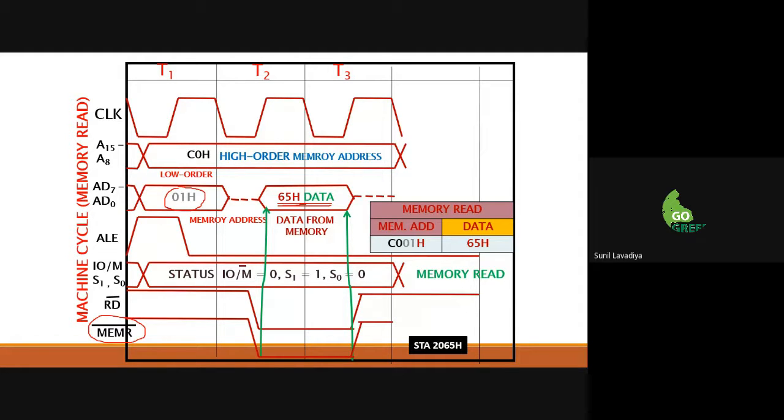Reading from memory. Because we have to identify the address from which we have to transfer data. So in short, we are reading memory, right? That's why we have considered MEMR, memory read bar. And we are reading the data 65 on the address. So it's 65 read over there. That's why.